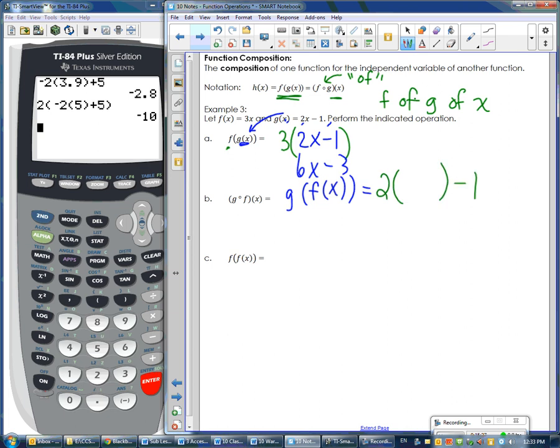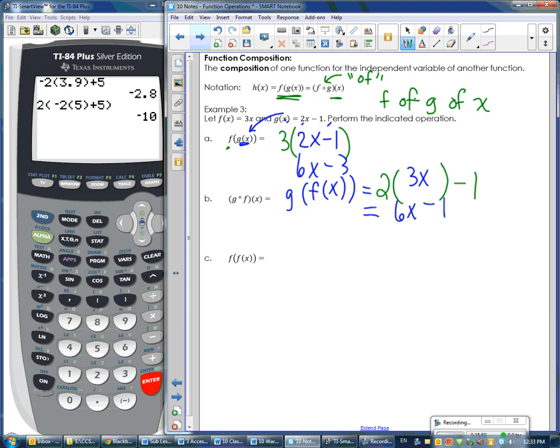Because it's 2 times something minus 1. It's some unknown. And then what I'm going to do is I'm going to replace my unknown with my function f, which is 3x. And when I simplify, I get 6x. This time I don't need to distribute. I'll just have 6x minus 1.